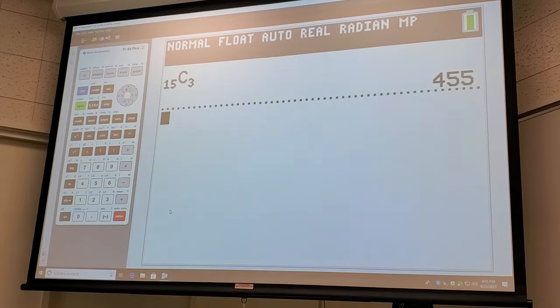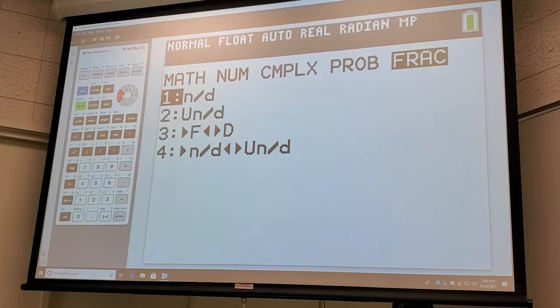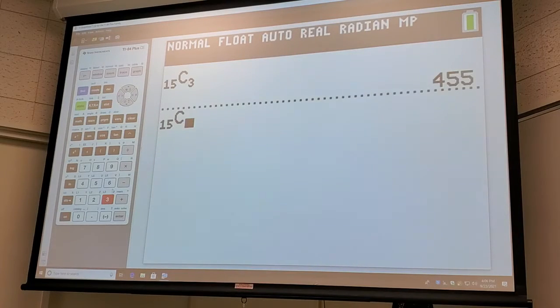So to do this whole thing, let's do the whole formula all at one time. 15 choose 3, and then I have to hit the up arrow, the over arrow to get up, if you have the newer ones. Times, I got how many successes?